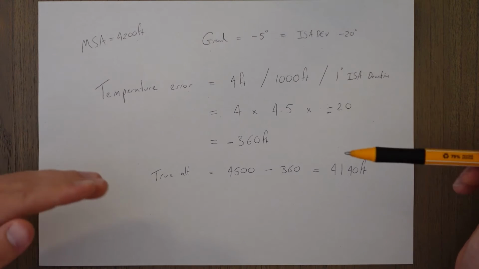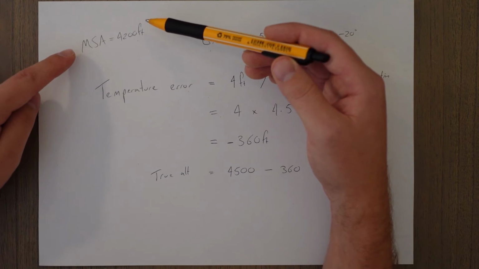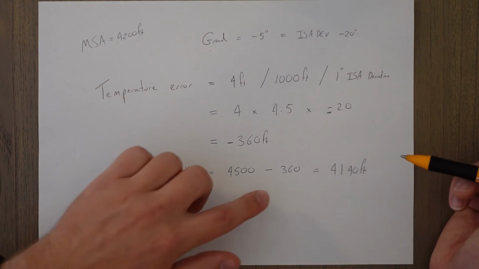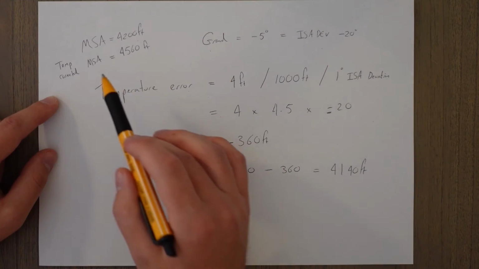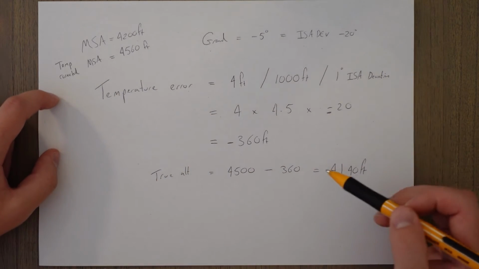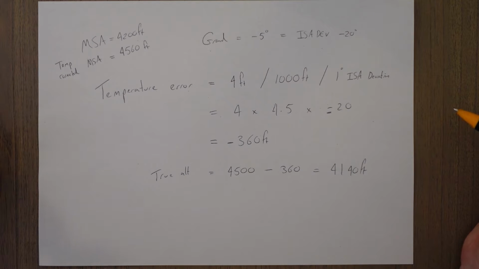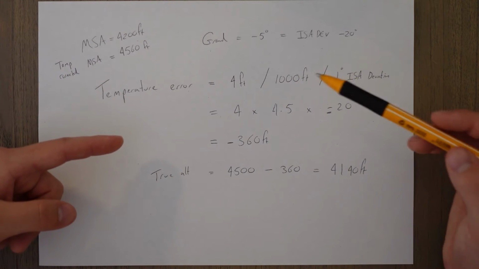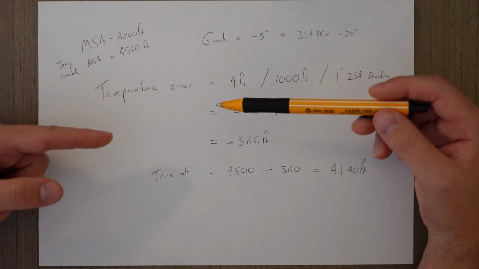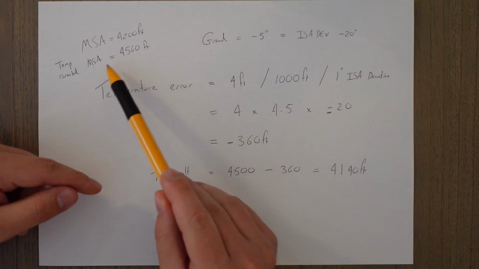So what we can do is add this temperature error onto our MSA. So we correct our MSA, and we have a temperature corrected MSA of 4,560 feet. So the 4,200 plus the 360, 4,560 feet, which means that our lowest available flight level on this route wouldn't be 4,500, because that's below our MSA.